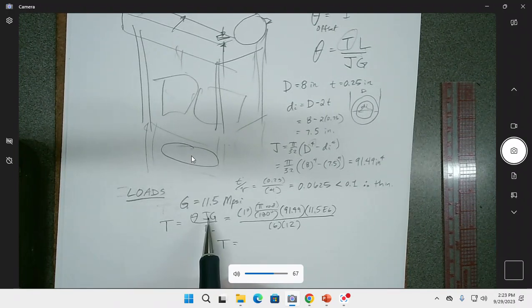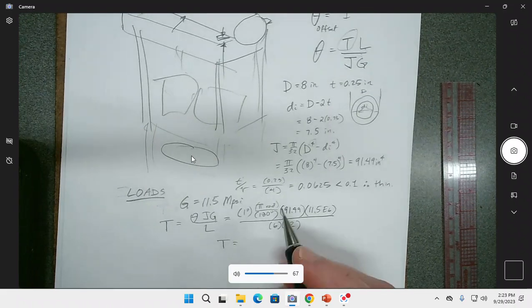And it's interesting that the J is going to make the torque larger, but of course that actually makes sense. And then 11.5 E6 times, and I think I made a mistake in picking these values because of this torsion. Are you ready?